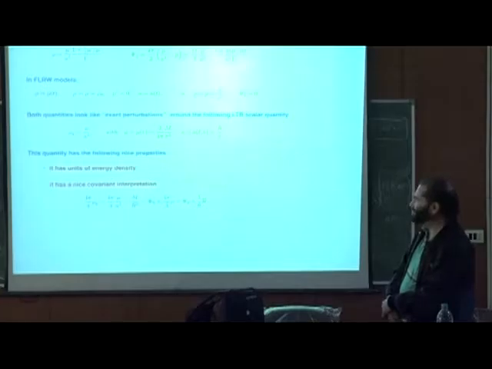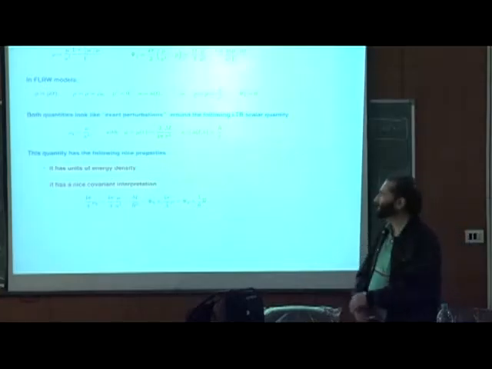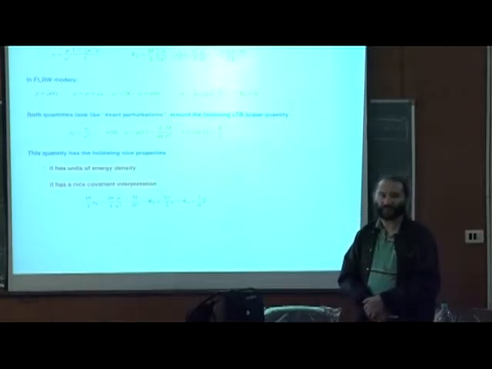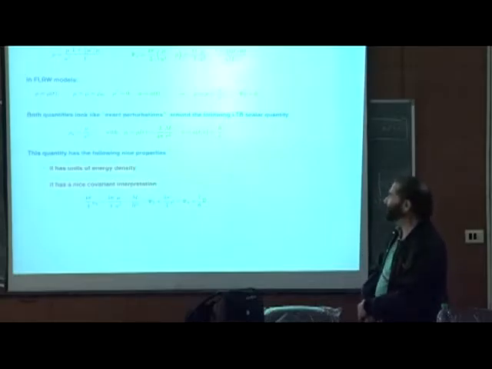But since we know that 8 pi rho is the Ricci scalar, this quantity is psi 2 times 1/6 of the Ricci scalar. So this is actually an invariant quantity.